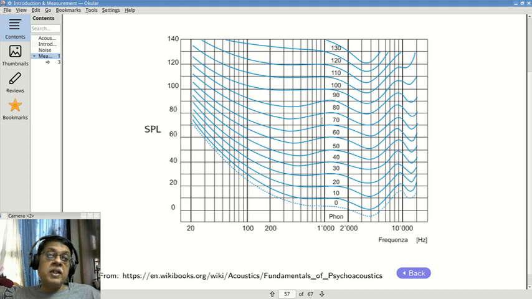So it comes down as you go to higher frequencies. A little bit from here you can see it starts to become more sensitive, and then again the sensitivity drops, right? So here is the most sensitive zone where I have to reduce the sound level in order to hear it the same way, and then again as I go to higher frequencies it picks up once more.